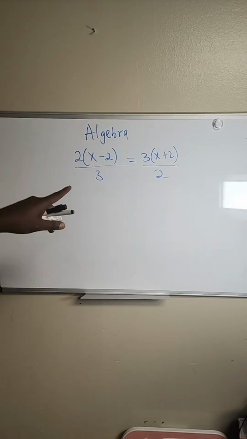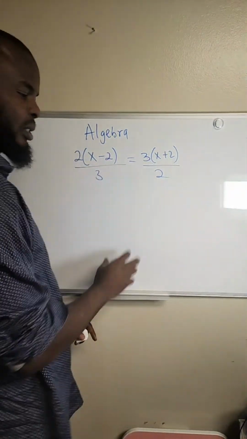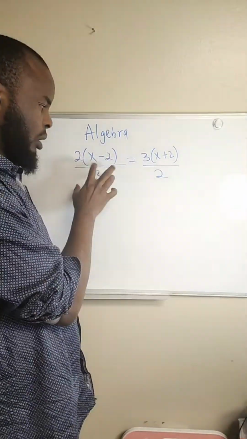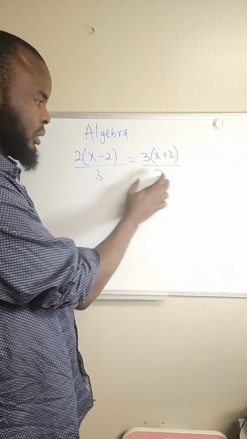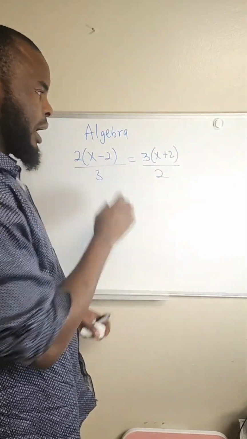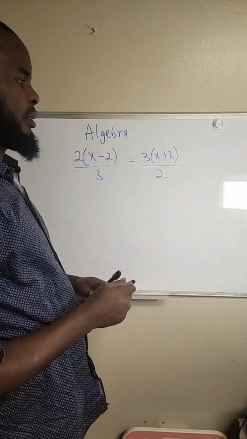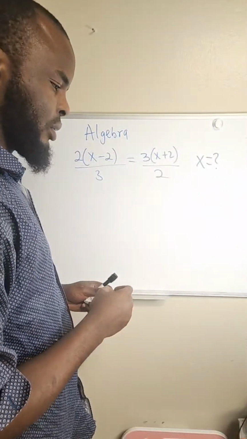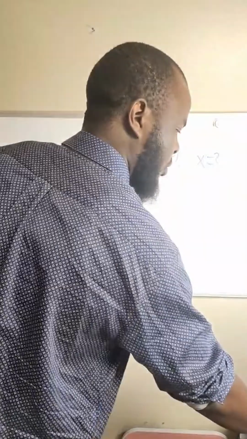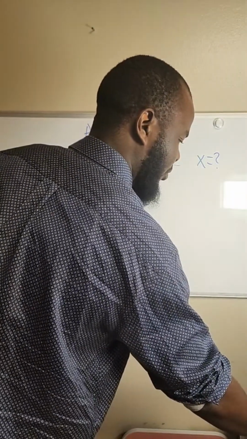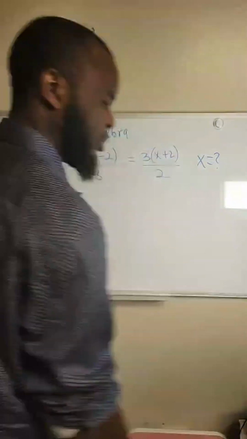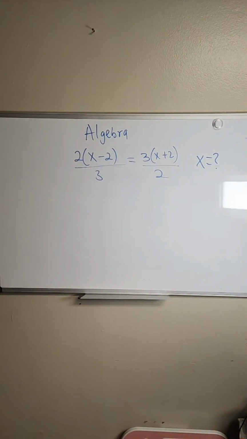This is a fraction. This is another fraction. And here we want to solve for x. We don't know what x is, so in this kind of problem, what is the first thing to do?